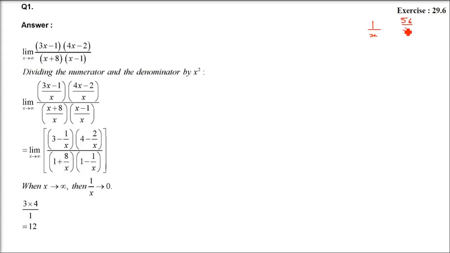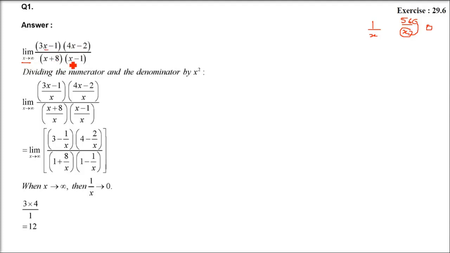So you take 56, it doesn't matter, take any number, divide it with any very big number that is infinite, ultimately it's going to be 0. So x being a very big number, if you want to divide something with infinity, it is 0. So here x tends to infinity, this is the question here.